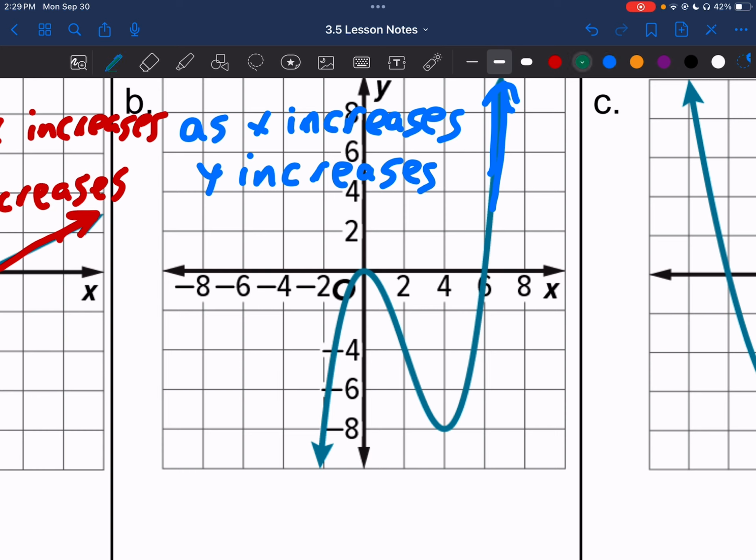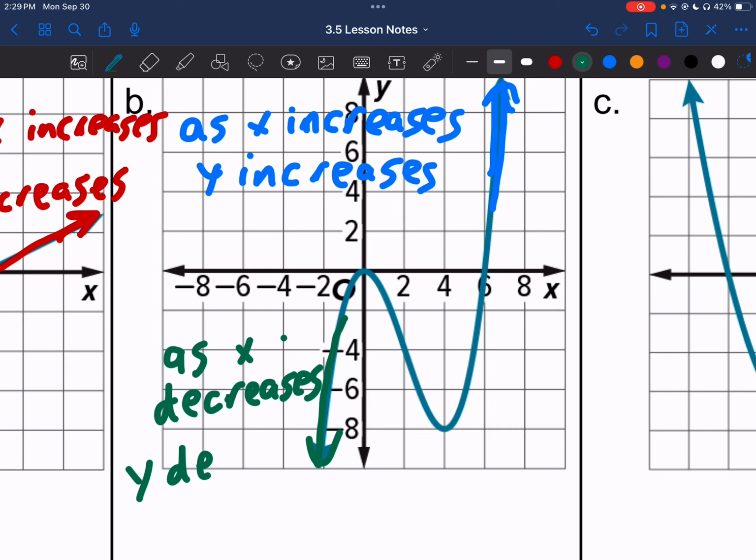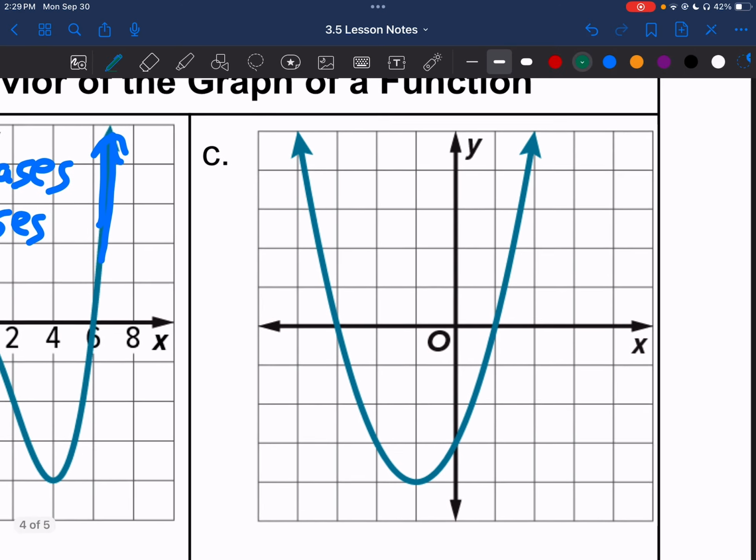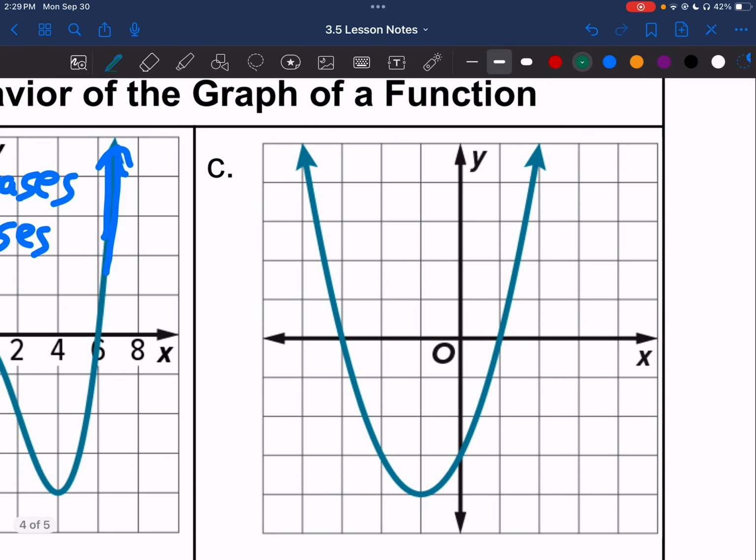On the other side, as x decreases, what are we seeing happening? Our y values are decreasing as well. Okay. So letter C, right? We're following our pathway.